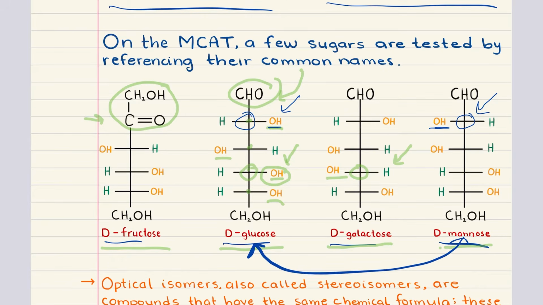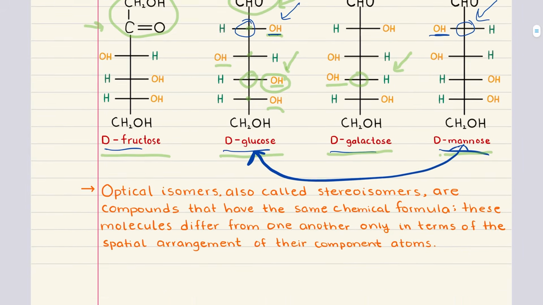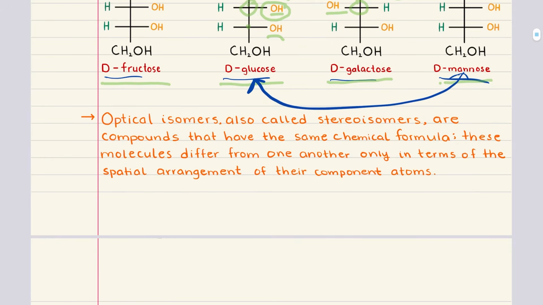Now that we've seen some of these common sugars that we should be familiar with, let's go ahead and talk about how these molecules can differ in their spatial arrangement. So in other words, let's discuss stereochemistry. Carbohydrates often exist as stereoisomers, also known as optical isomers.